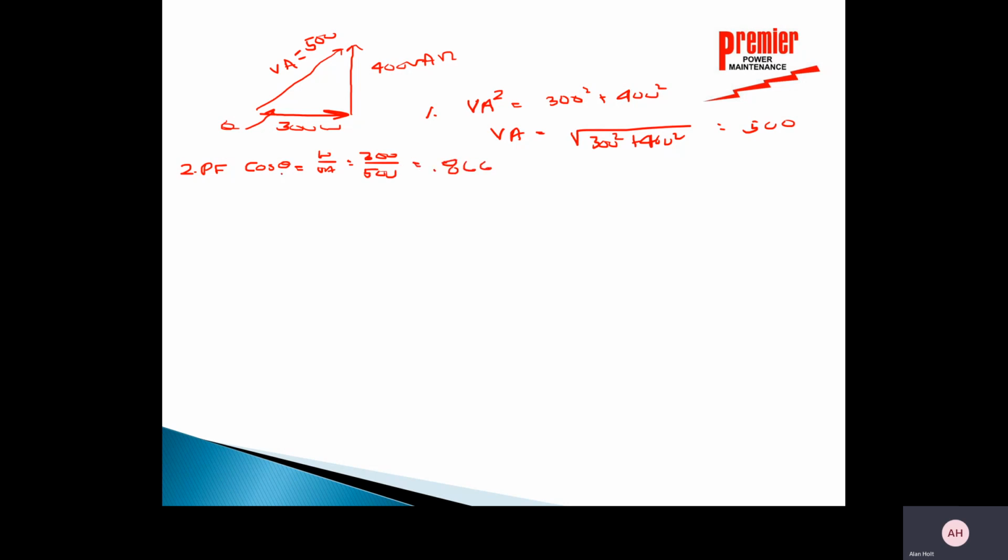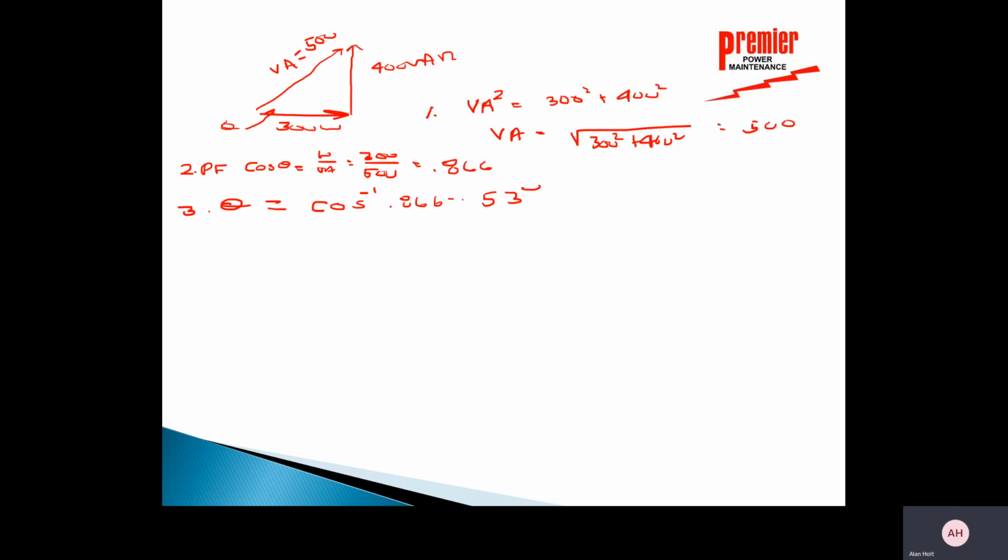So the power factor of this system is 0.866. Well, question 3 is, what's the angle? Well, the angle is equal to the inverse cosine of 0.866, which equals 53 degrees. So those are the first 3 questions.